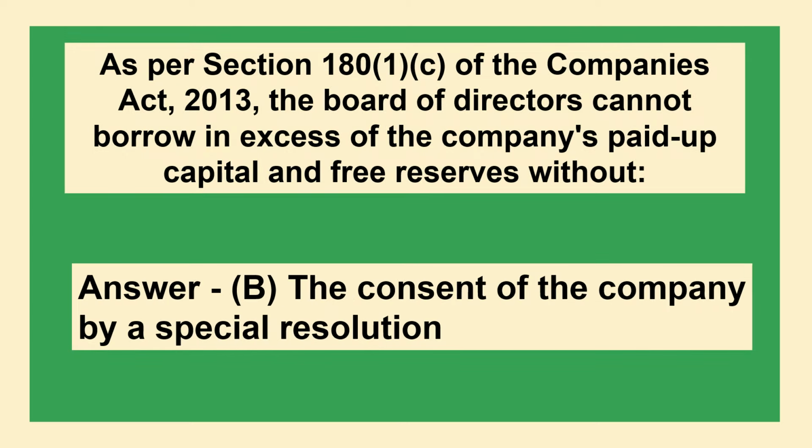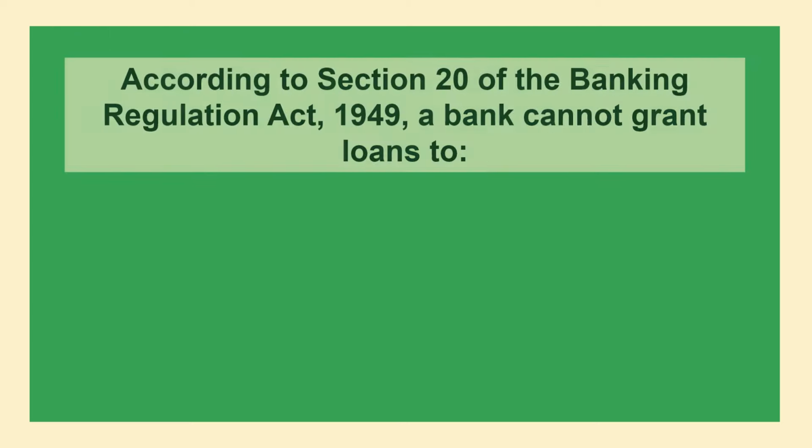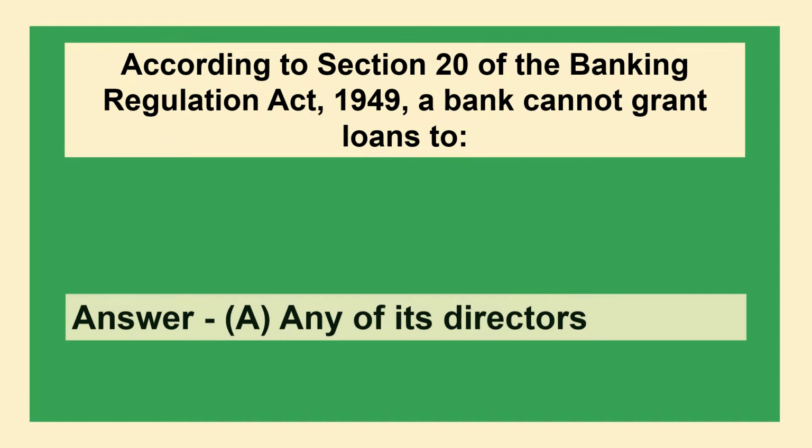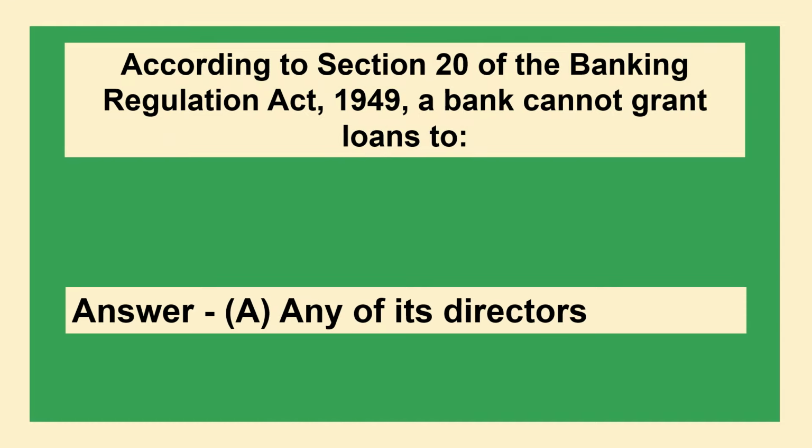And the correct answer is option B, the consent of the company by a special resolution. The next question is: according to section 20 of the Banking Regulation Act 1949, a bank cannot grant loans to option A, any of its directors, option B, government companies, option C, public charitable trusts, or option D, individuals with a high credit rating. And the correct answer is option A, any of its directors.